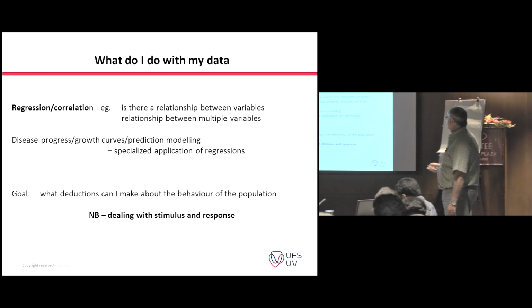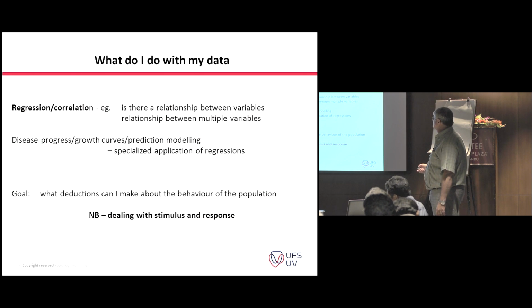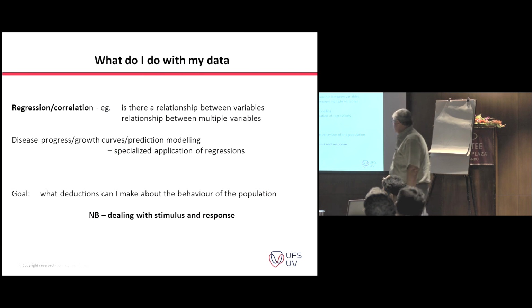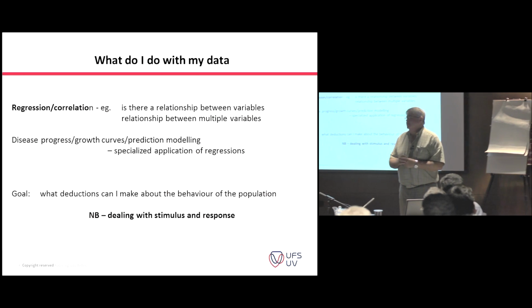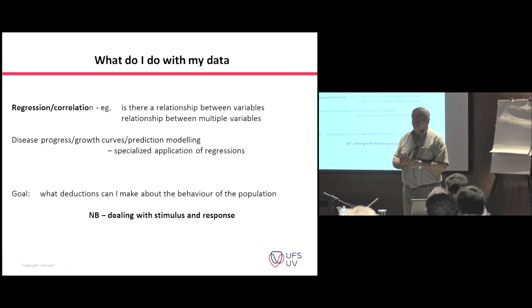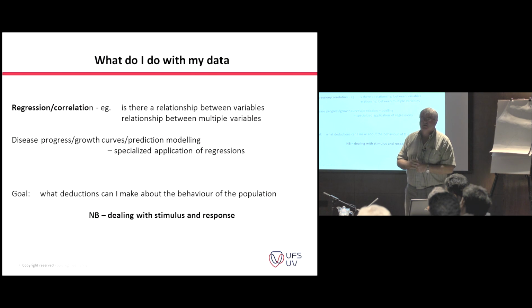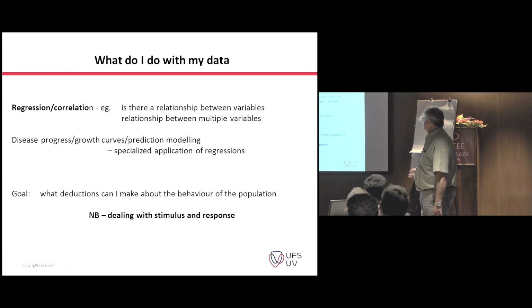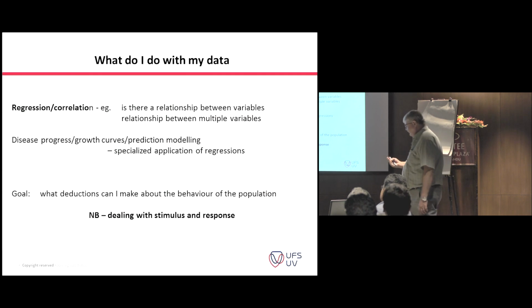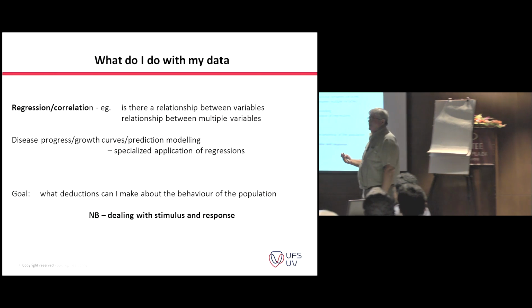We refer to disease progress curves, you have growth curves, you have prediction modeling, all kinds of specialized applications of regressions. And most of your prediction models are based on some form of regression or some network of regressions or whatever the case may be. So they form a very important part of the questions we are asking. And the goal of regression and correlation is, what deductions can I make about the behavior of a population?